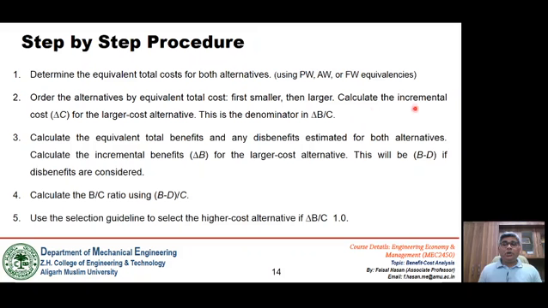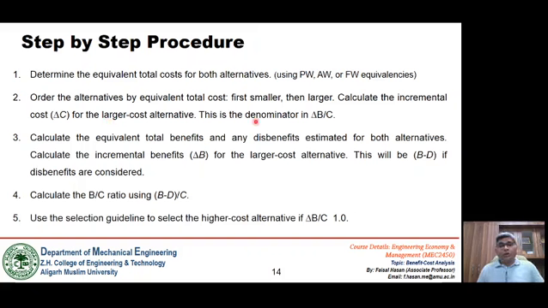Then we calculate the incremental cost, delta C, for the larger cost alternative. If we are comparing 1 and 2, one is the project with a lower cost and the second is the project with a higher cost. So we compute delta C, that is, the total cost associated with the higher cost project subtracted by the previous one.